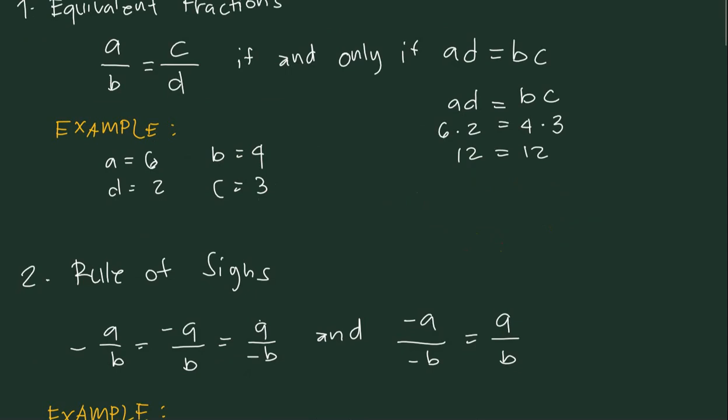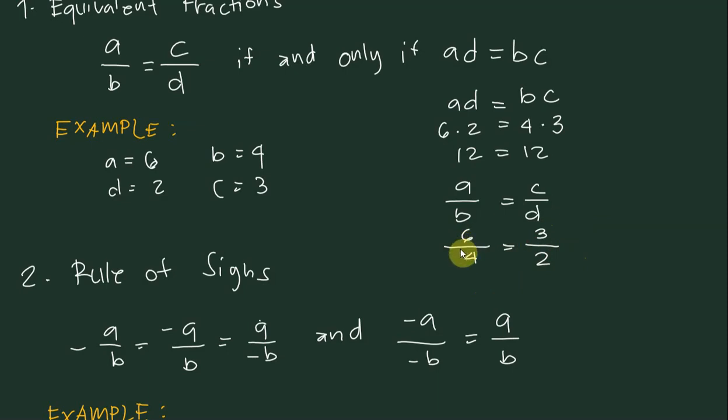Then it should follow that A over B is equal to C over D. So this is 6 over 4 is equal to 3 over 2.